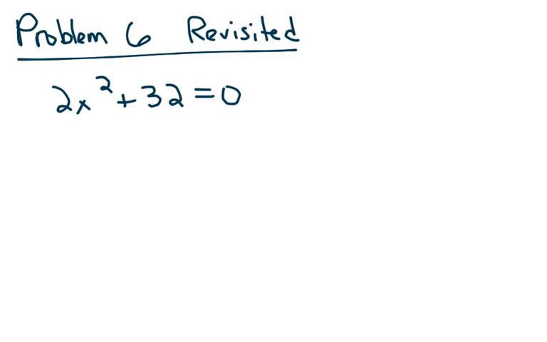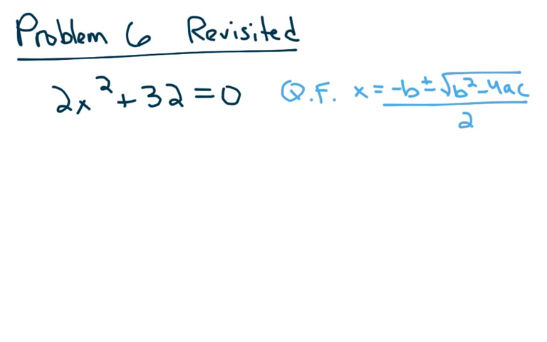The other way of doing this problem is to use the quadratic formula. The quadratic formula: x equals negative b plus or minus the square root of b squared minus 4ac all over 2a. But you need to know what a, b, and c are. Remember, a, b, and c come from ax squared plus bx plus c equals 0.